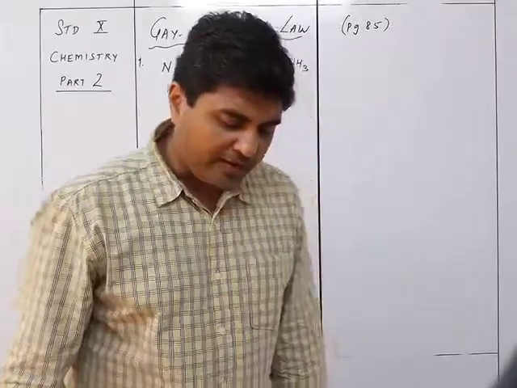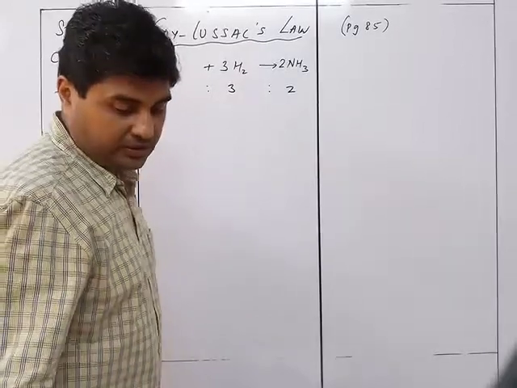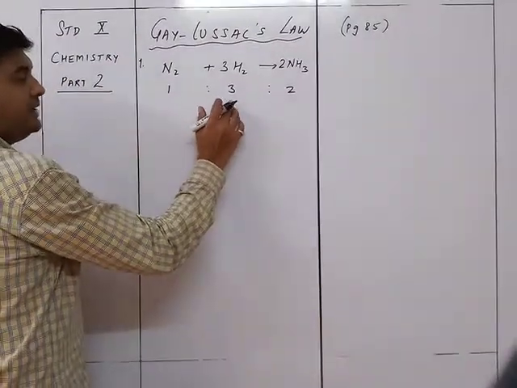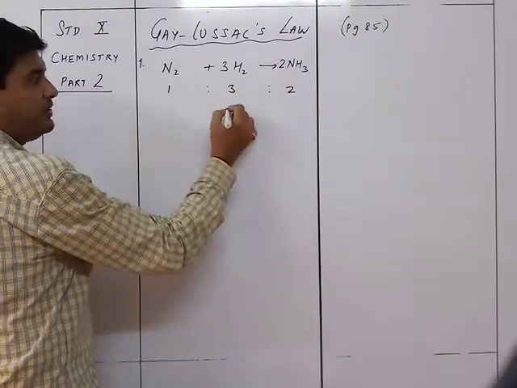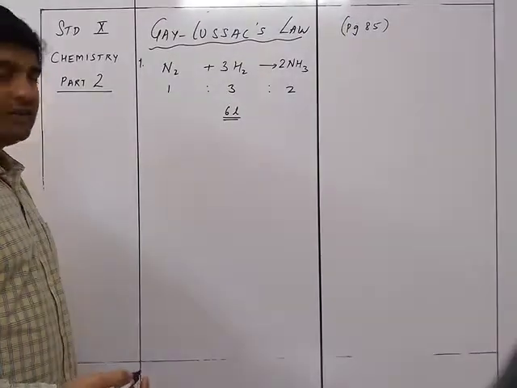Calculate the volume of ammonia formed when nitrogen reacts with 6 liters of hydrogen. All volumes are measured at STP. So you are given that hydrogen required is 6 liters.